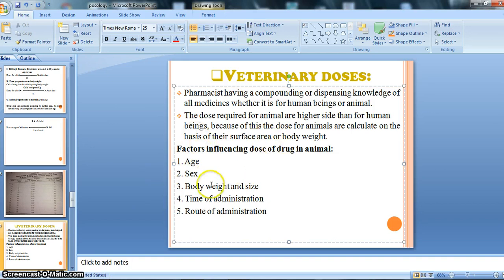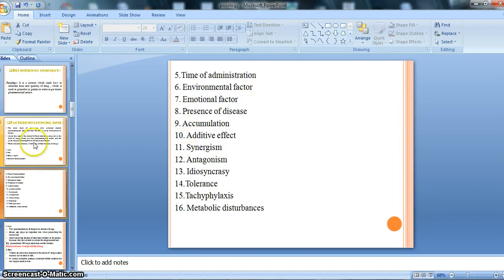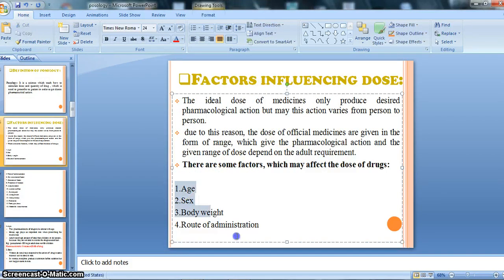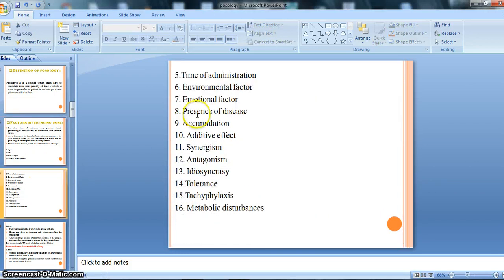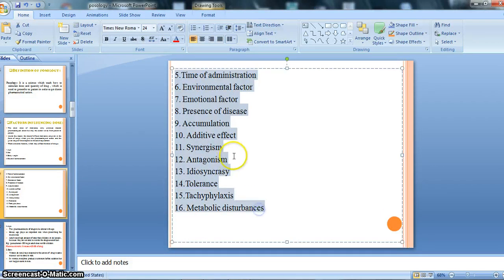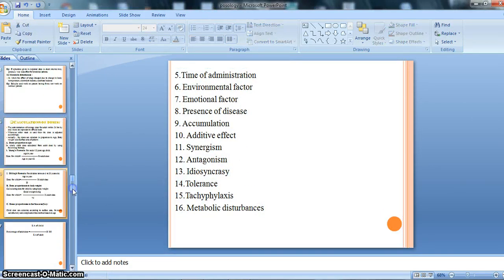There are also some factors which generally influence or affect the doses of drugs in producing the desired pharmacological actions, as we already studied in the factors influencing the dose in human beings. We have already seen it.